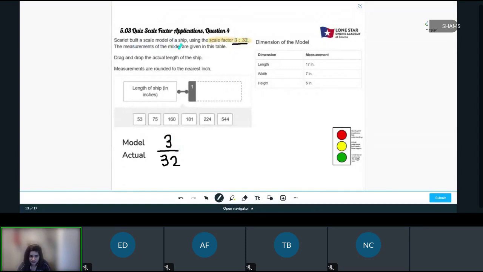The measurements of the model are given in this table. Again, they're referring to the ship's length, not the width and not the height. The dimensions of the model are given. So where will I put the length of 17 inches? Will it go in the numerator or denominator? On top? Very good, Nina.